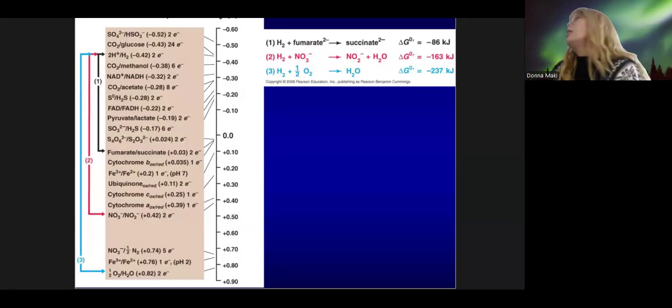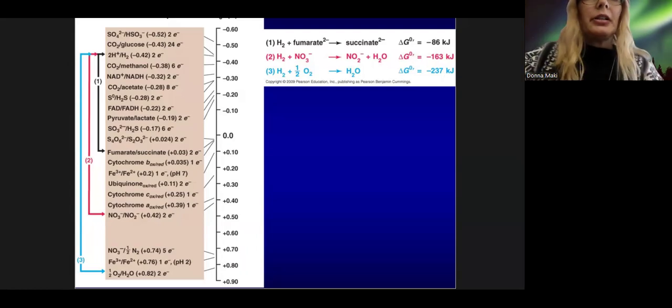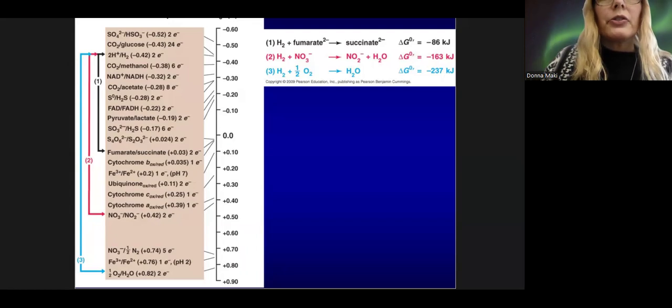All right. So I think we left off here with this idea of a redox tower. You can see the reducing potential in black over here. Let me shift this a little bit.